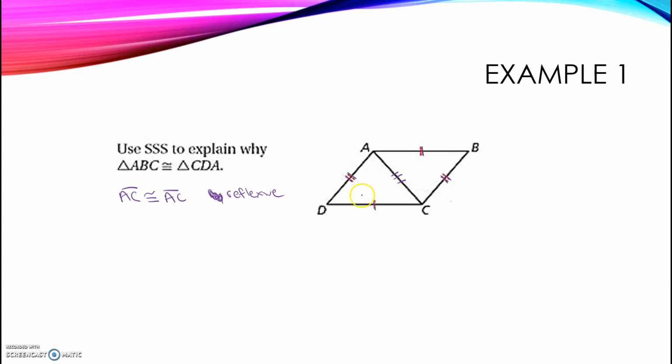And so, yes, ABC is congruent to CDA by side, side, side. So we have AD equals BC, DC equals AB, and then AC equals AC.